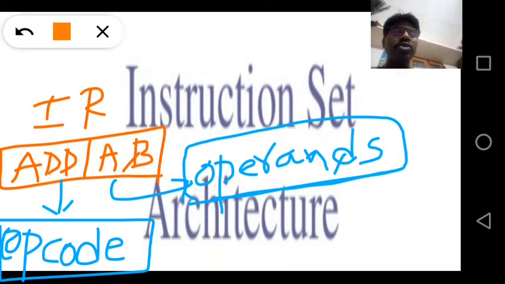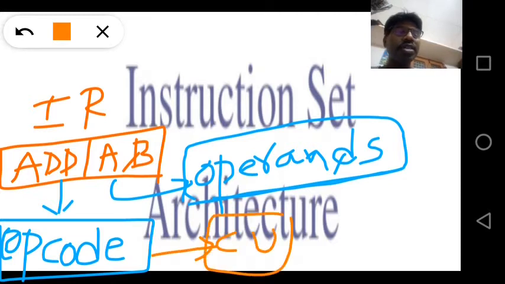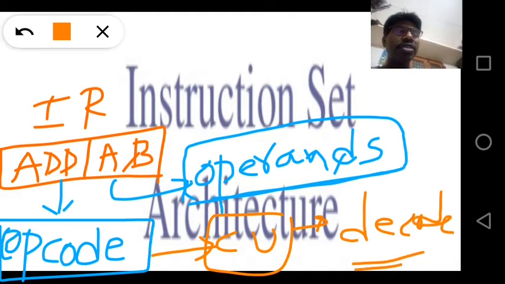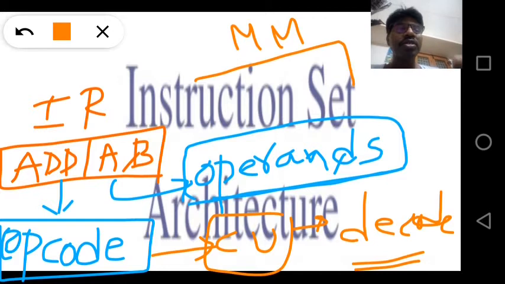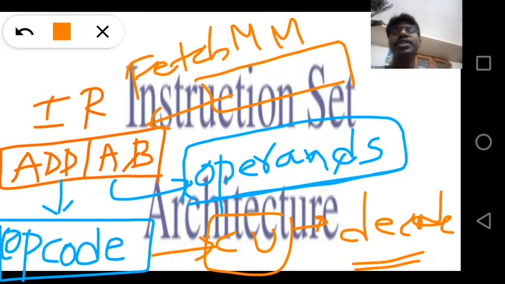First, the control unit gets this opcode and it decodes. This is called the second stage of instruction execution. Remember, the first stage, until the instruction is transferred from main memory to IR, is called the fetch stage.